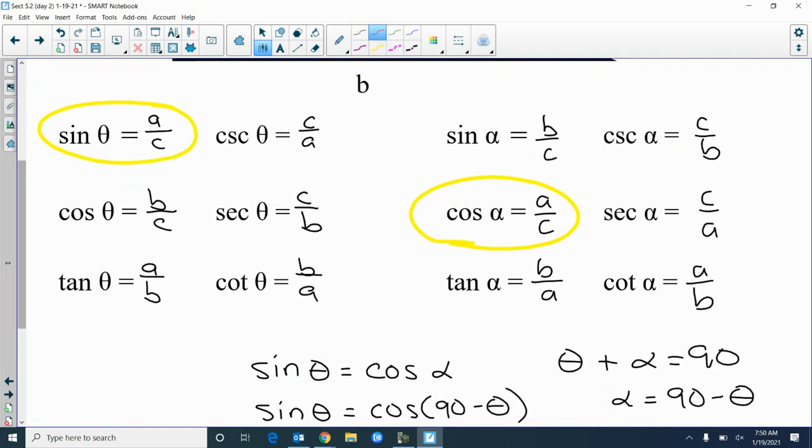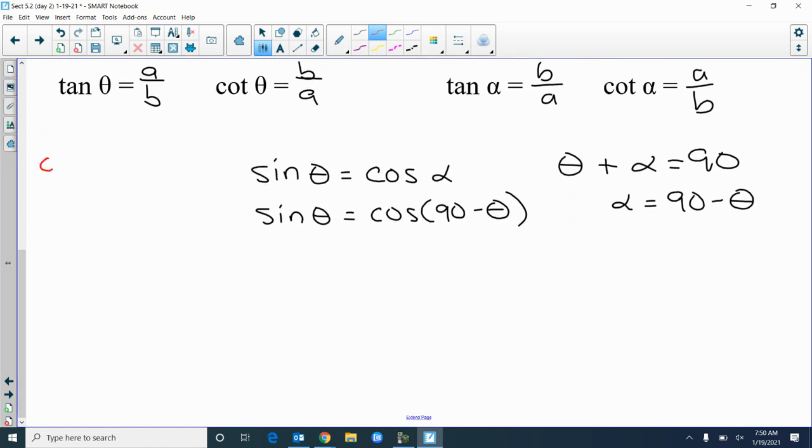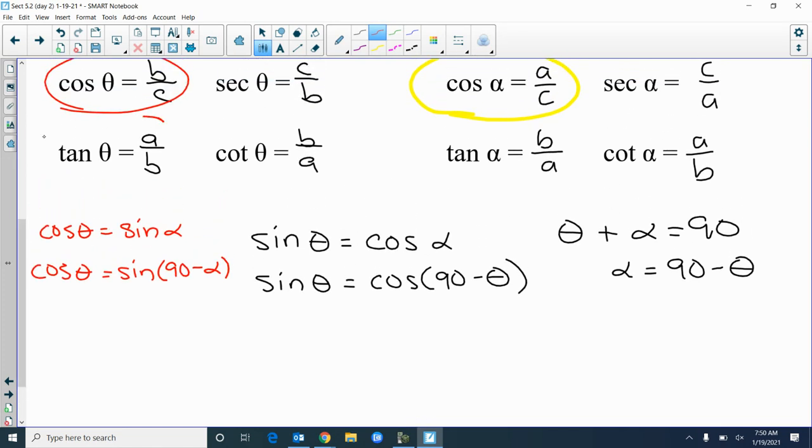Now take a look at your other relationships that are going to be the same. Similar to that. Cosine of theta is going to equal the sine of alpha, right? Cosine of theta equals the sine of alpha. Well, cosine of theta. What's alpha equal? We said it's 90 minus theta, so it's the sine of 90 minus theta. So it reverses. What about tangent?